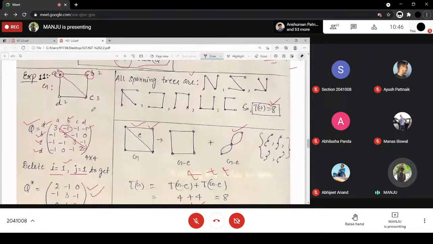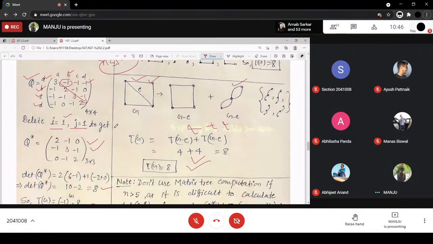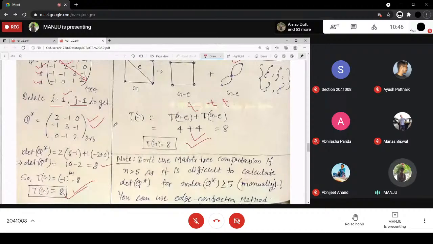Now this matrix tree computation is useful when you have n at most 5. Why is it so? For n greater than or equal to 6, it will be very difficult to find the determinant, because this is coming from the determinant.